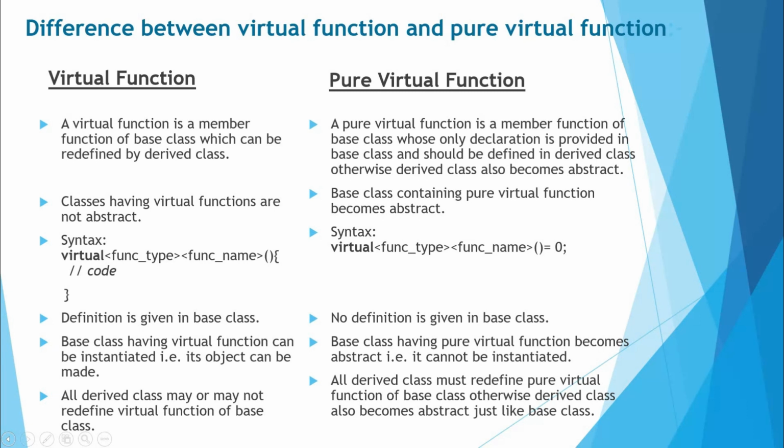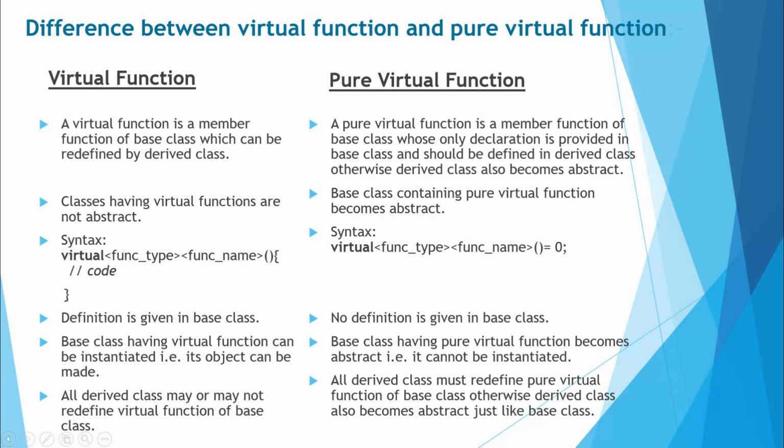Second, classes having virtual functions are not abstract, whereas a base class containing pure virtual functions becomes abstract. The syntax for a virtual function is virtual, function type, function name, parentheses and the function body. The syntax for a pure virtual function is virtual, function type, function name, open and close parentheses and = 0, terminated by a semicolon. In virtual functions, the definition is given in the base class, and in pure virtual functions, no definition is given in the base class.